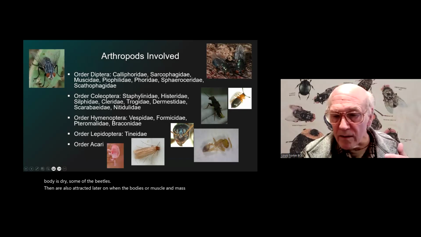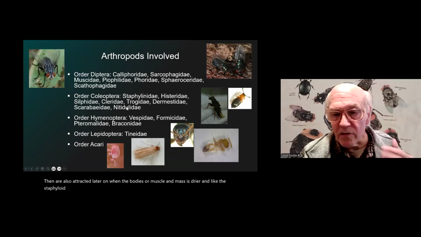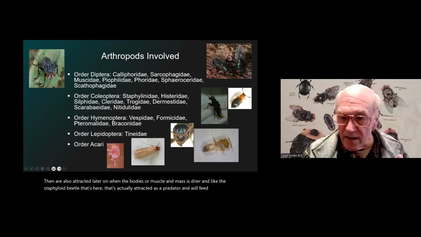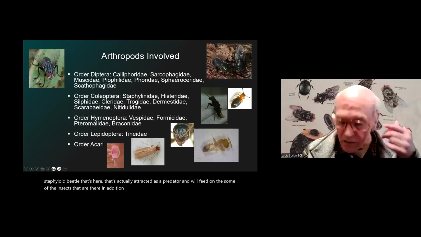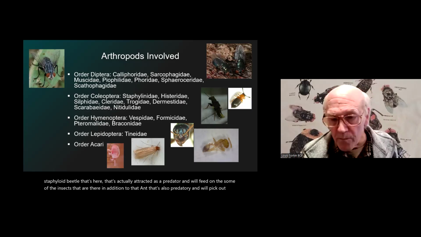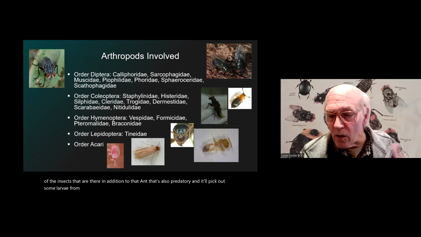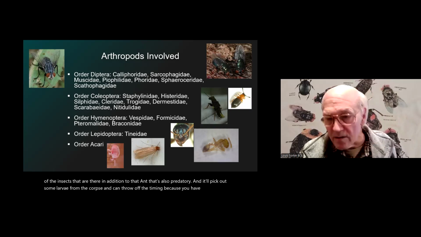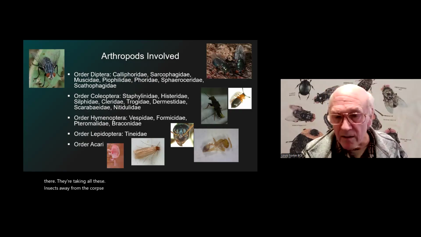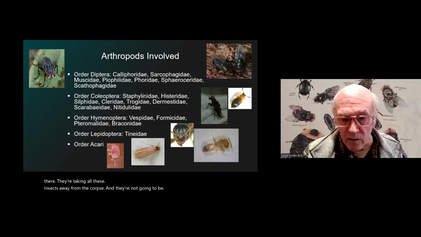And like the staphylinid beetle that's here, that's actually attracted as a predator and will feed on some of the insects that are there. In addition to that, ants are also predatory and will pick out some larvae from the corpse and can throw off the timing because you have lots of ants there. They're taking all these insects away from the corpse and they're not going to be decomposing that corpse any longer.